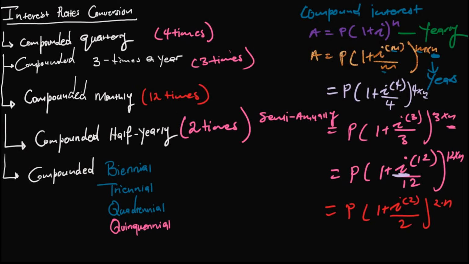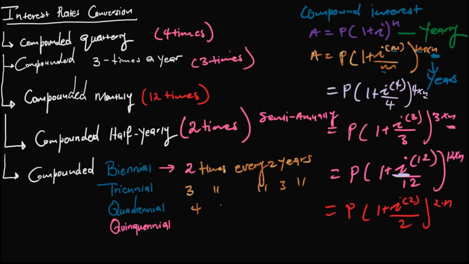Now let's come to biennial. So biennial is 2 times every 2 years, or it's just twice every 2 years. Just like triennial is 3 times every 3 years.